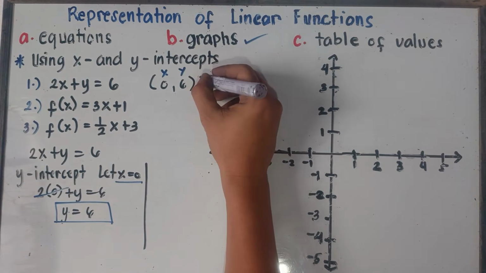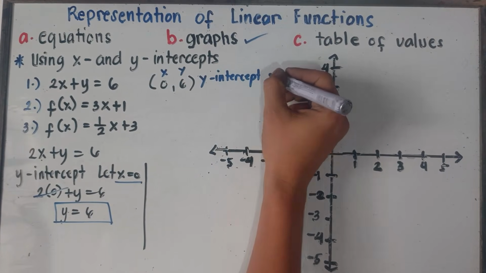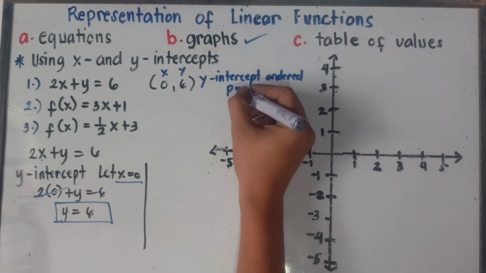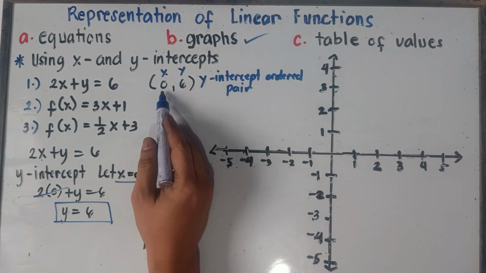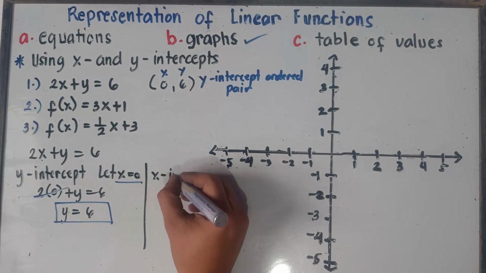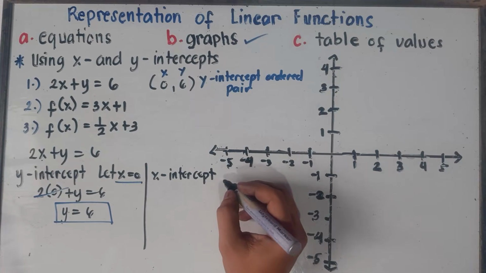For an ordered pair, it's always x and then y. And then next step, class, you need to get the x-intercept. After this, simply connect the points and then you're all set.